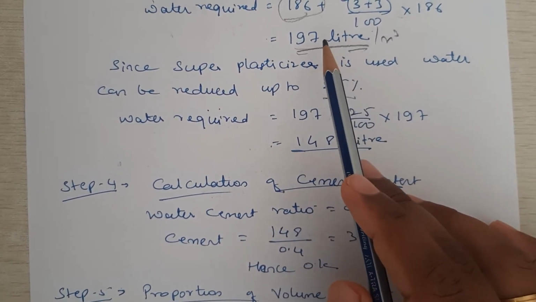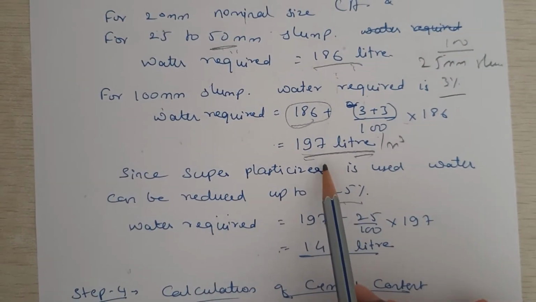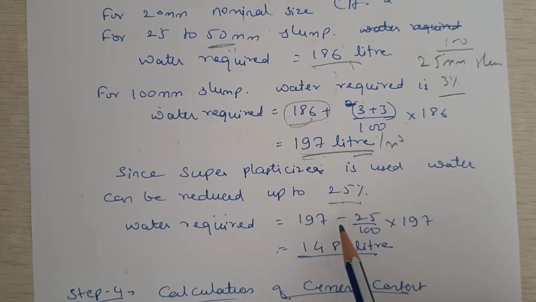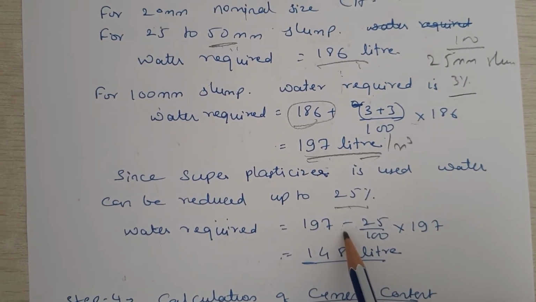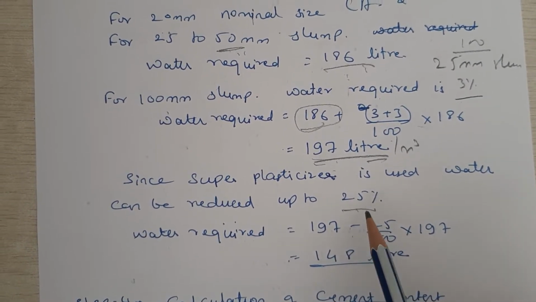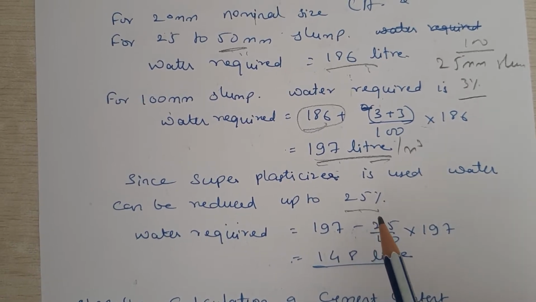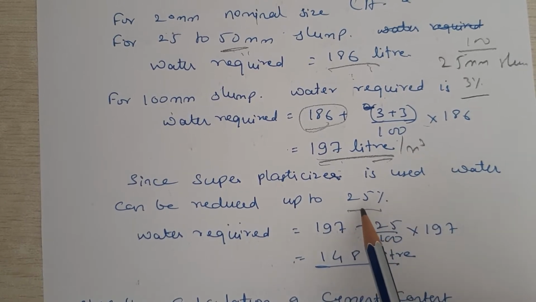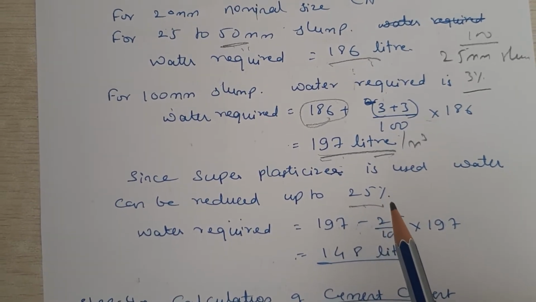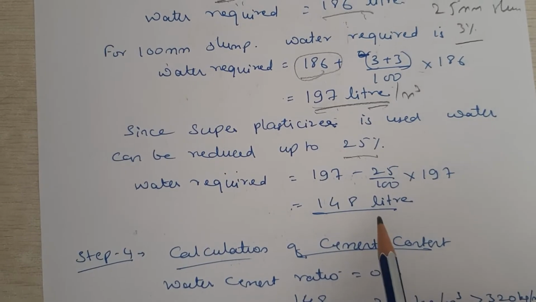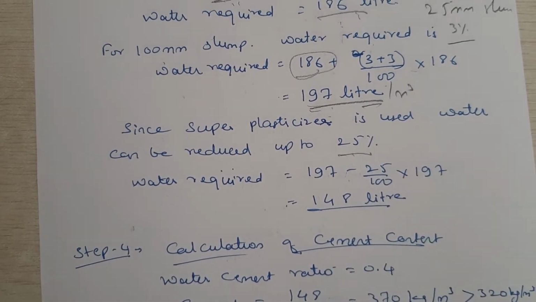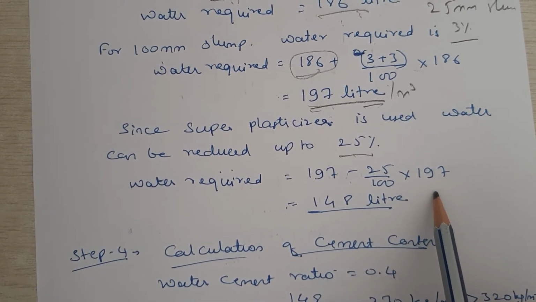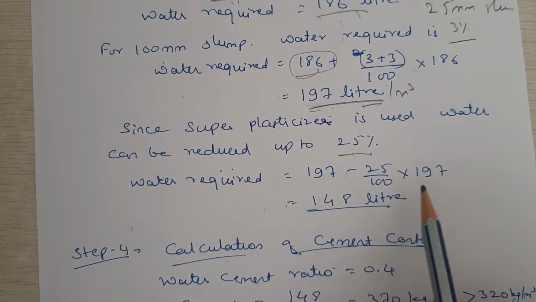So for this case, 197 is the maximum total amount of water to be added. But since we are using the plasticizer, I am reducing the water content by 25%, right? So it will be calculated as 197 minus 25 by 100 into 197.